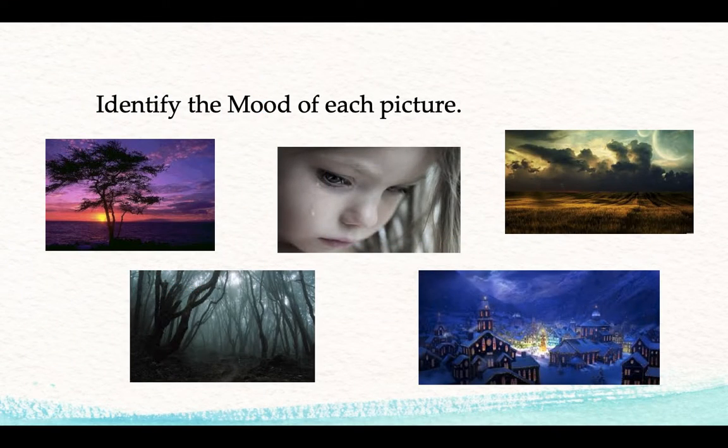So here's some more images. Again, we've got a mood for each of these. And we could have variations of the word. Right here, this tree with this purple, orange and yellow sunset into the ocean might evoke a peaceful or a calm or a tranquil mood. Lots of different word choices, but we could all agree that they're pretty much going to be the same, and there's no disagreement on that.